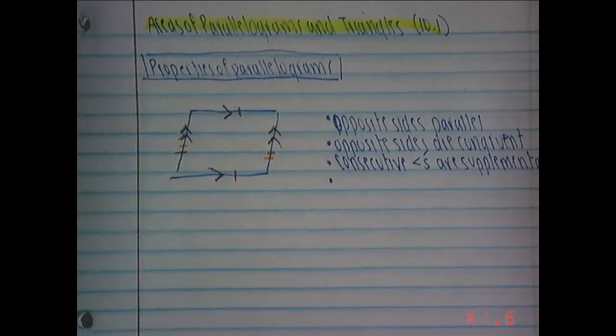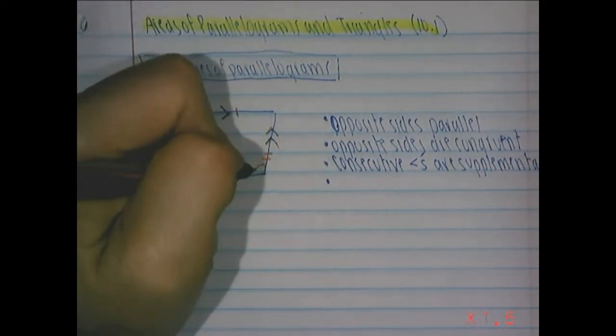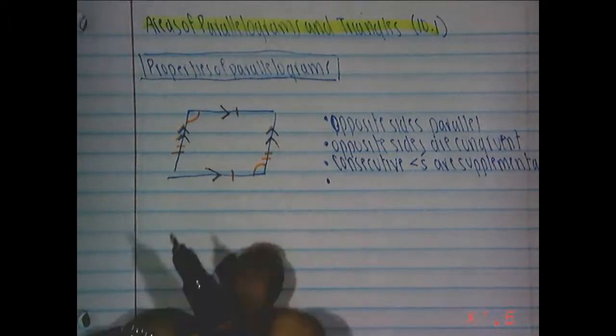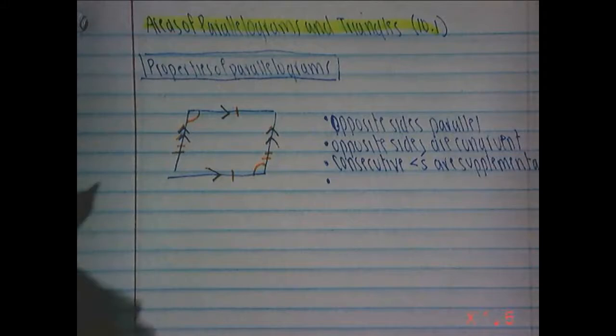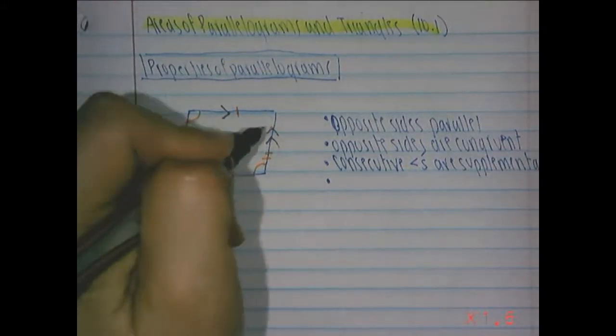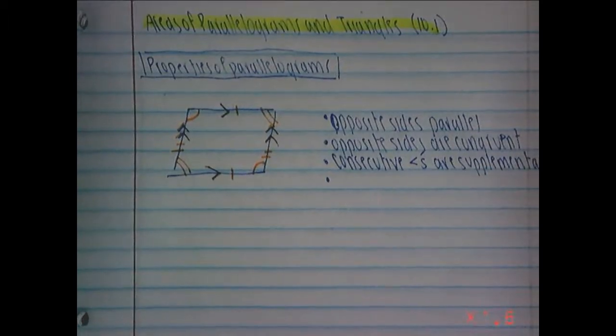Another detail you want to remember is that the opposite angles are congruent to each other. These two angles, they're opposite each other, so they'd also be congruent to each other.